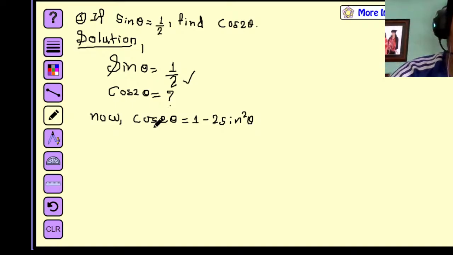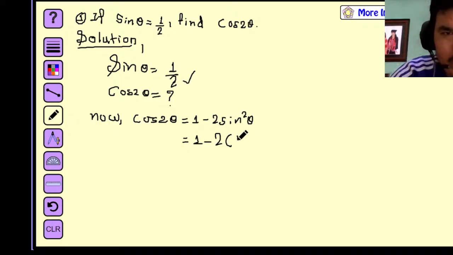Look here, I am using cos 2 theta equals 1 minus 2 sine square theta. Why? Because in this formula sine theta appears, and the value of sine theta is given.